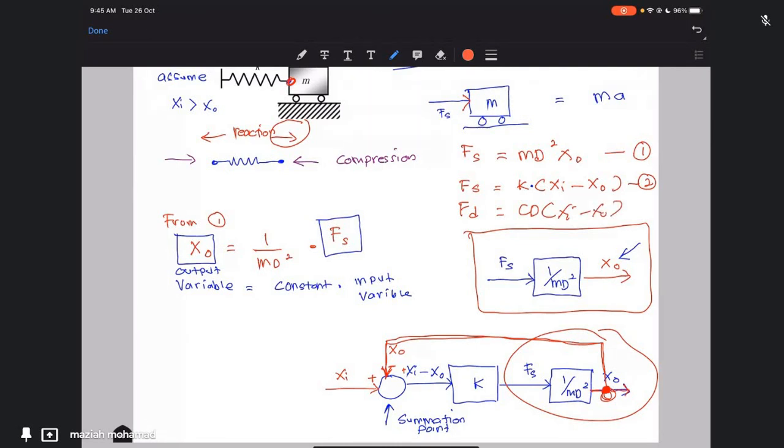You can see the term xi minus x naught is already in the block diagram. So for that reason, you can just tap from there, then multiply with CD, which gives you FD. That is another example of tapping the information that is already in the block diagram.